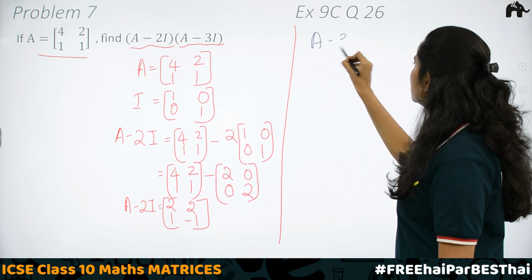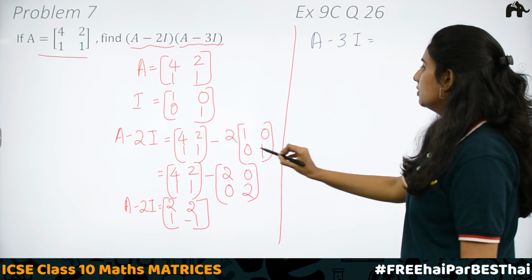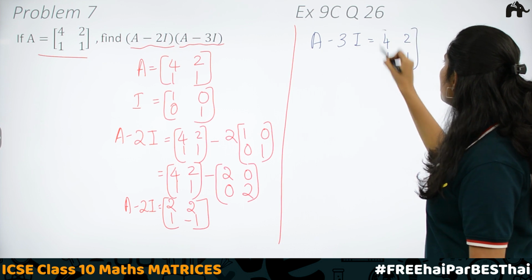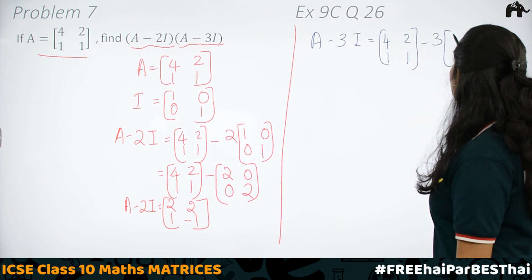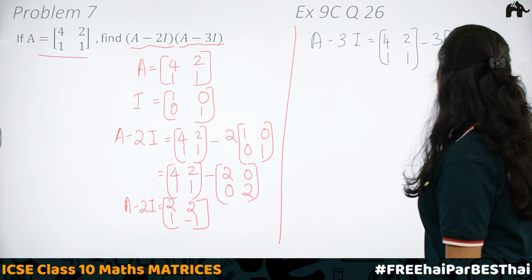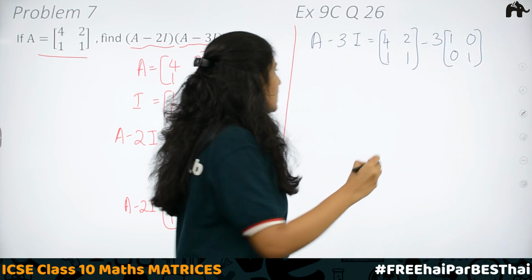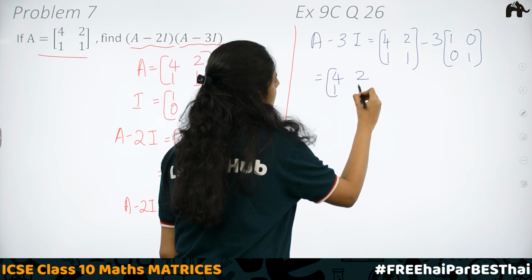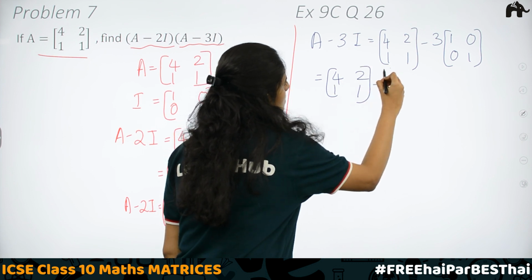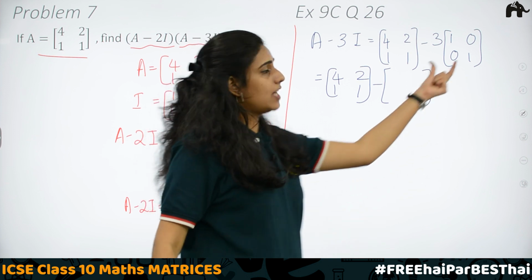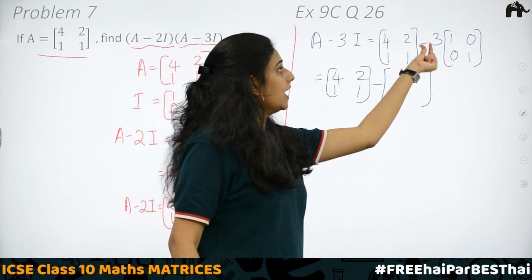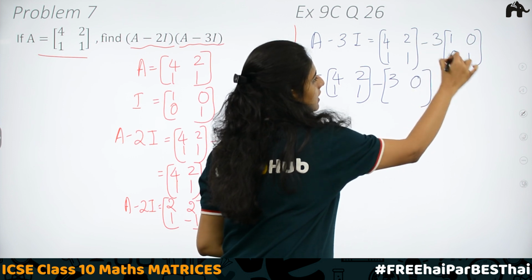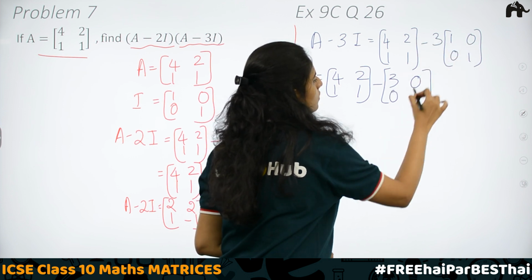A minus 3I is equal to 4, 2, 1, 1 minus 3 into identity matrix 1, 0, 0, 1. That is equal to 4, 2, 1, 1 minus, multiplying each element of the identity matrix with 3. What do we get? 3 into 1, 3, 3 into 0, 0, again 3 into 0, 0, 3 into 1, 3.